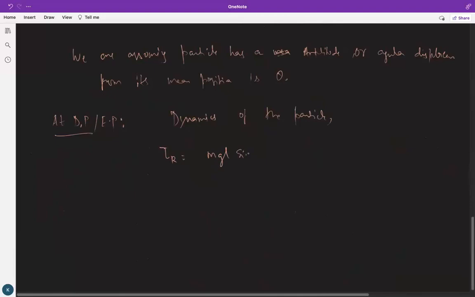So we can write here mgL sin of theta plus theta naught minus m a naught L cos of theta plus theta naught, and both are in opposite directions. If I am assuming clockwise as negative, then anti-clockwise is positive. We are assuming clockwise as negative and anti-clockwise as positive.